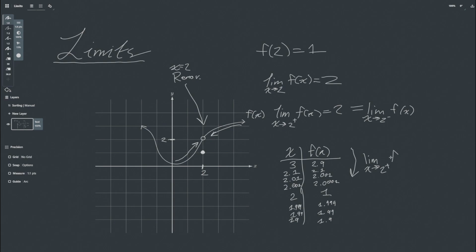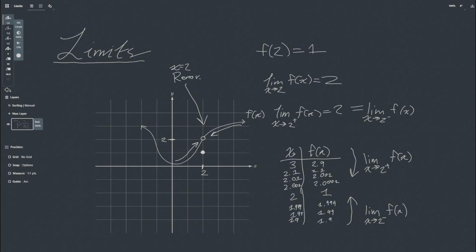So we can write this. And then from this direction, we're coming from a lower x value to a higher one at 2, so we're going from left to right. So then this is the limit as x approaches 2 from the left with a minus sign of f of x.